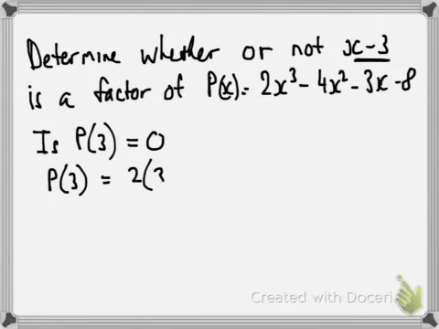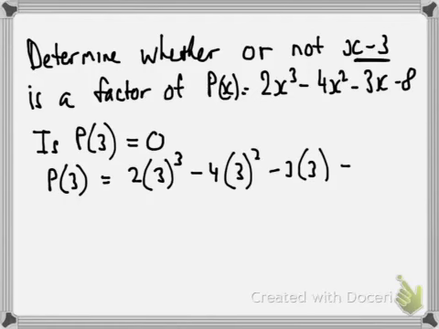Practiced this skill the other day. So it'll be 2 times 3 cubed minus 4 times 3 squared minus 3 times 3 minus 8. So that's 54, because 3 cubed is 27 times 2 is 54, minus 36, 4 nines are 36, minus 9 minus 8.